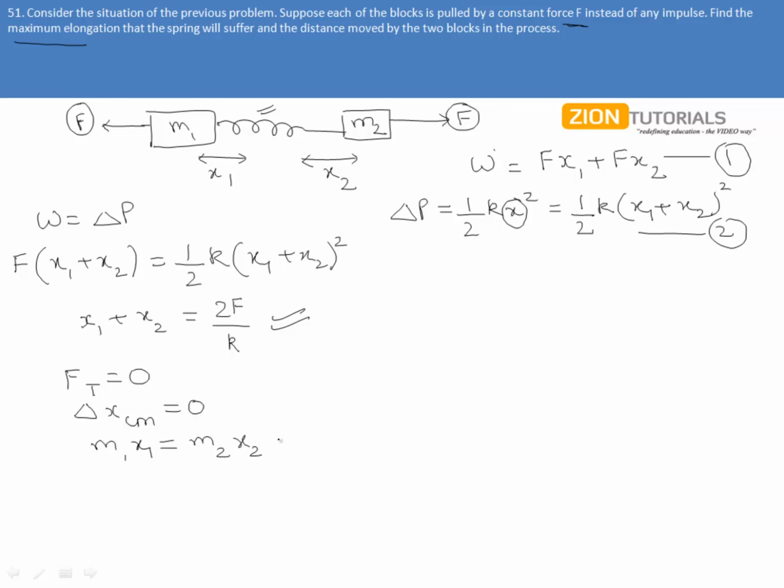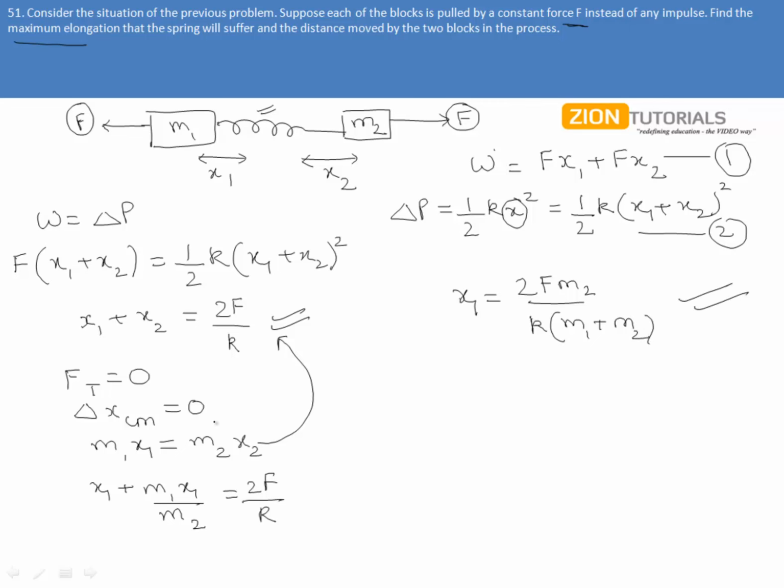Now let us put the value of x2 from this into the previous equation, that is this one, which gives us x1 plus m1 x1 by m2 equals 2F by k, giving us the value of x1 to be 2F m2 upon k times (m1 plus m2).